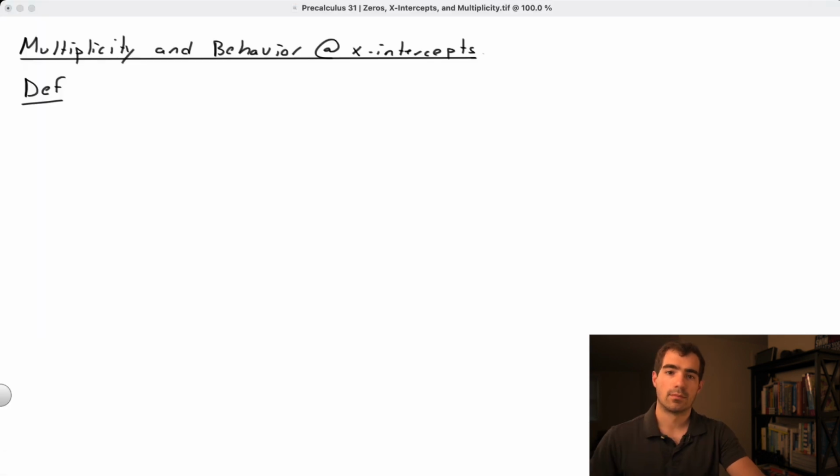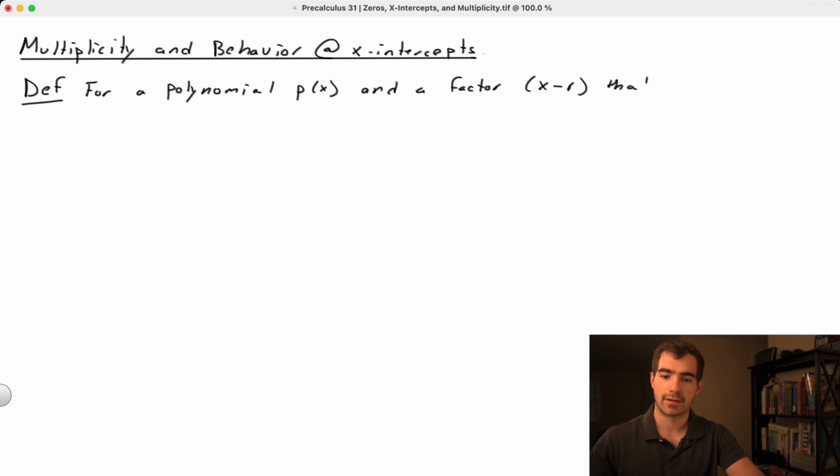for that root. More specifically, we can say that for a polynomial p of x and a factor x minus r that occurs exactly k times, r is called a zero or root with multiplicity of k.